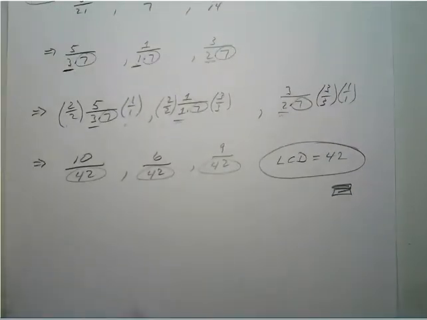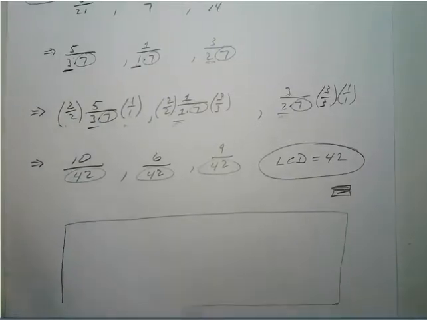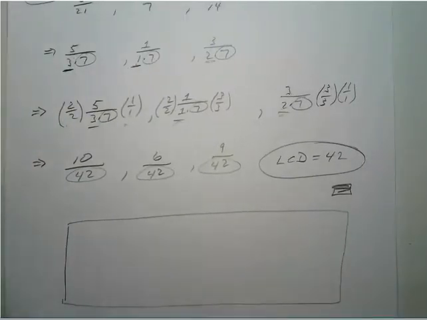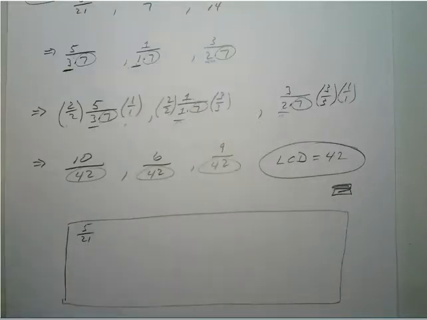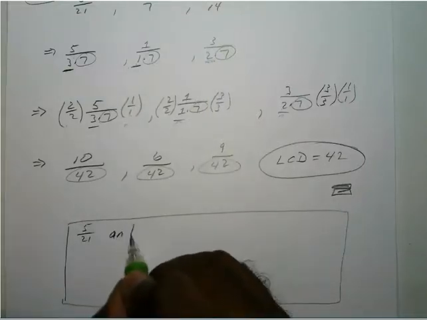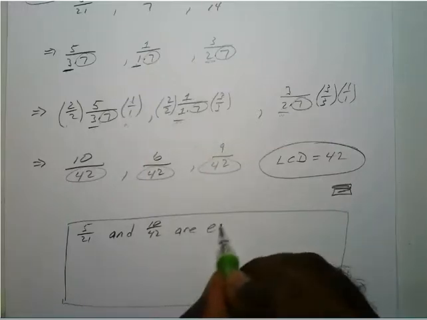All right, so just like before, we're going to point out our equivalent fractions. Okay, so 5 over 21 and 10 over 42 are equivalent fractions.